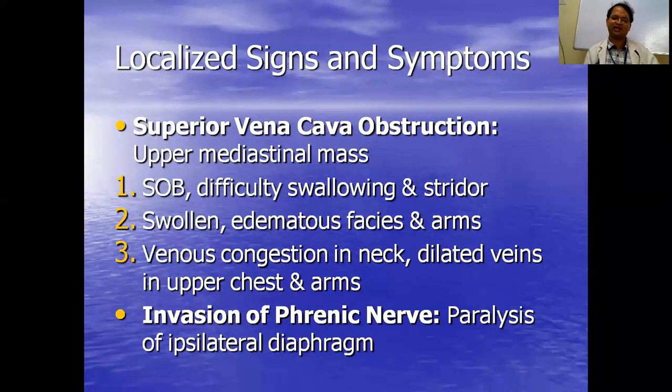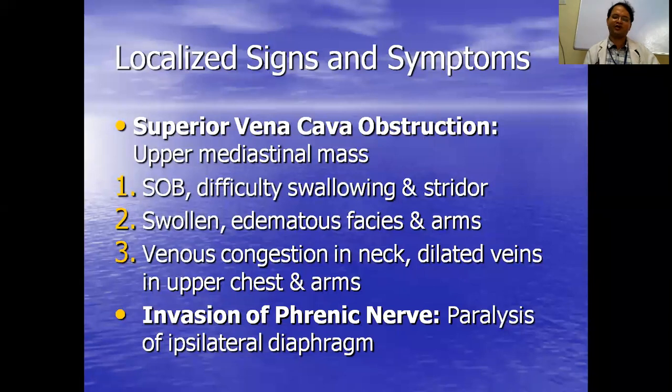leading to superior vena cava obstruction, there can be dyspnea, dysphagia, stridor. Dyspnea or shortness of breath is because of the compression on the bronchi, dysphagia or difficulty in swallowing is because of the compression on the esophagus.